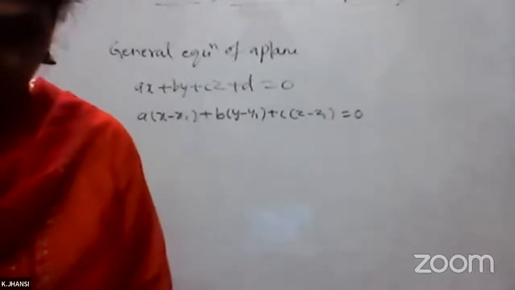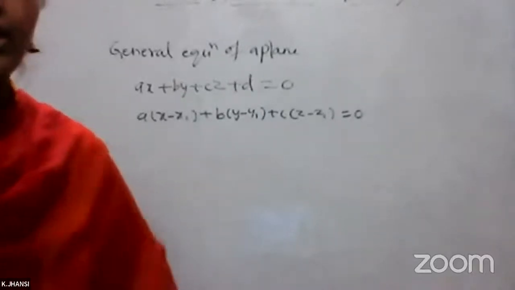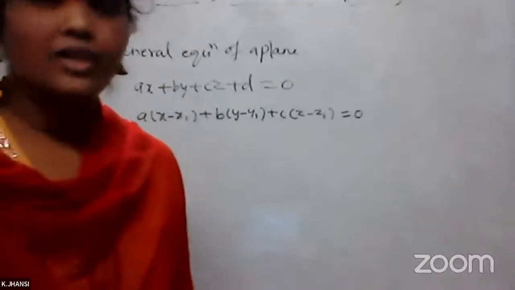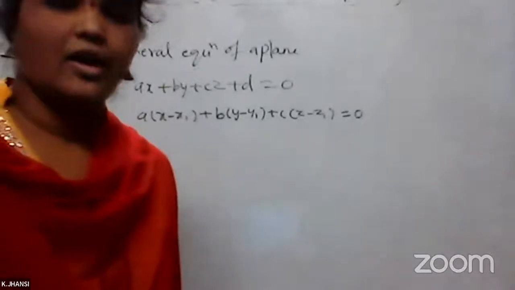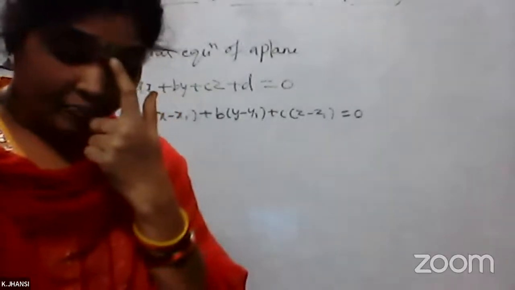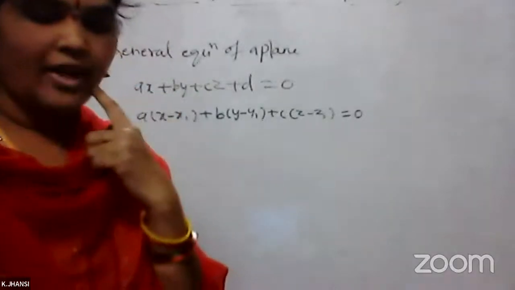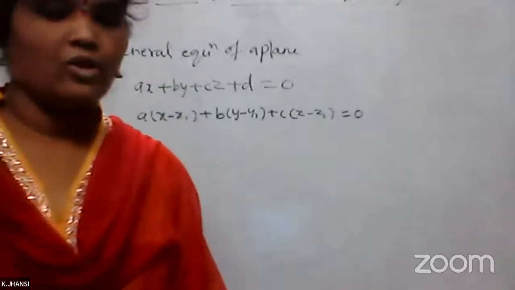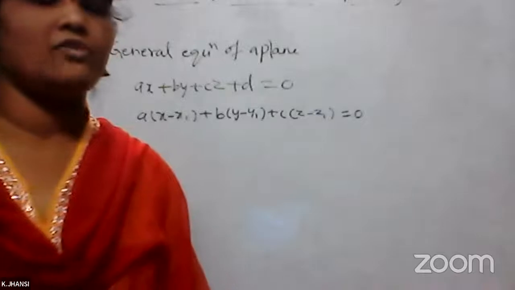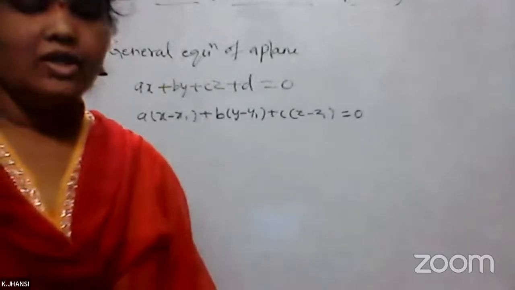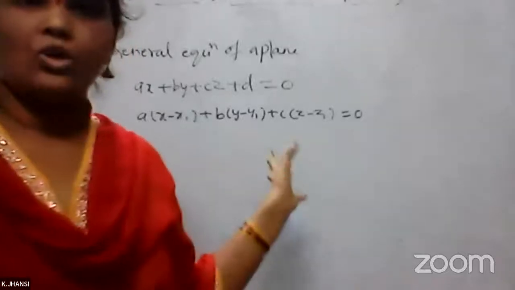For this, you also check whether the given planes are perpendicular to each other or parallel to each other. Further conditions are there, in the corollary. If two planes are parallel to each other, then when you divide the a1 and a2 values, b1 and b2 values, and c1 and c2 values, if they are equal, then the given two planes are parallel to each other.